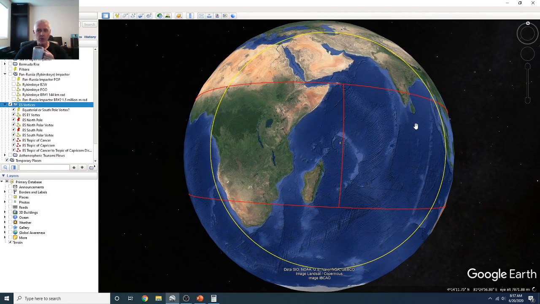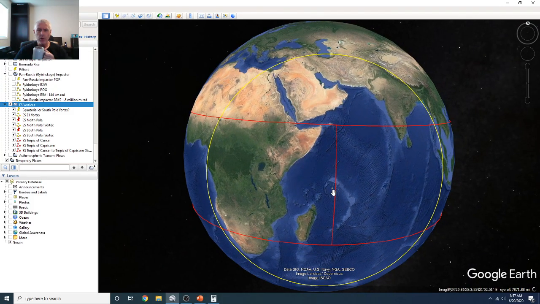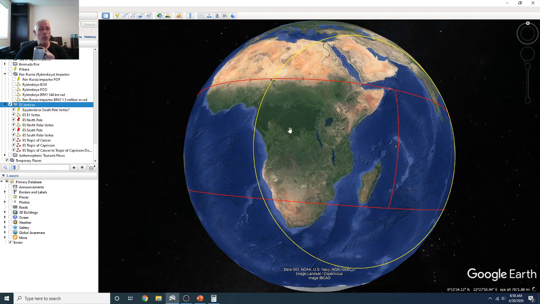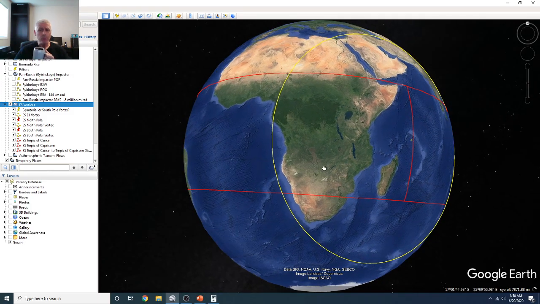Now it's going counterclockwise. Okay, look what falls in line with it. Okay, so if this was an equatorial vortex, which it was, then we can see that we have what would be, believe it or not, now this is totally destroying my previous theory.